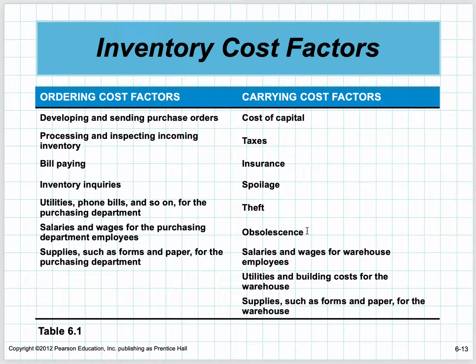It's a product that you no longer sell. You already replaced it with something else. The salary and wages for the warehouse people, the utilities for the warehouse, and all the supplies that you might need in a warehouse, including lift trucks and batteries for lift trucks and racking and all of that such stuff.